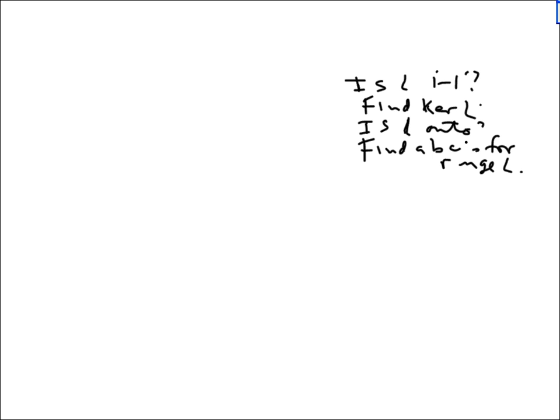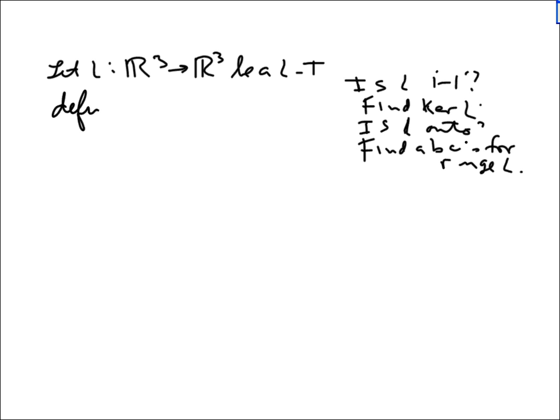Okay, so like I said, let's try another one like this. Let L, the mapping from R3 to R3, be a linear transformation defined by L of x, y, z is equal to a matrix times x, y, z.